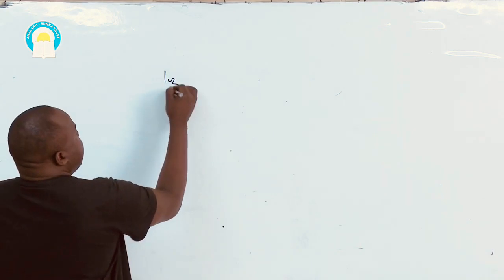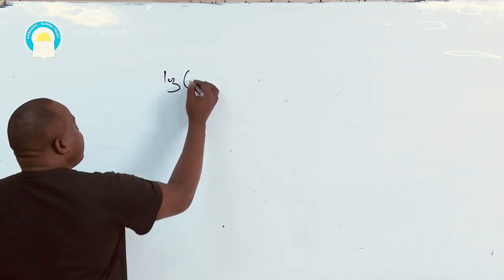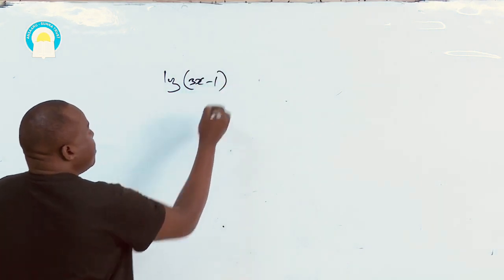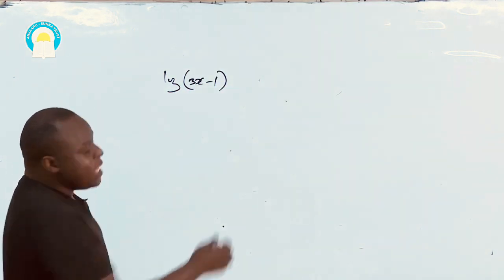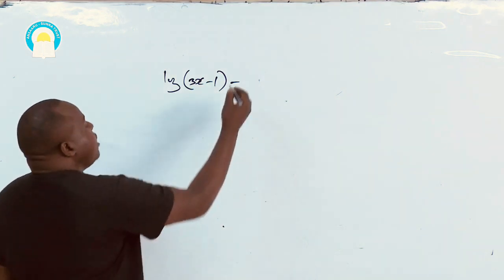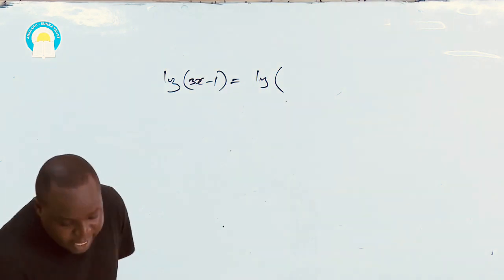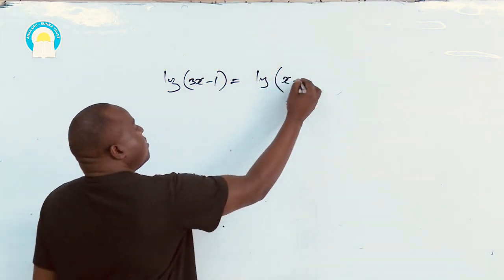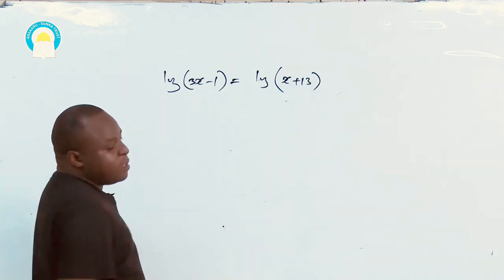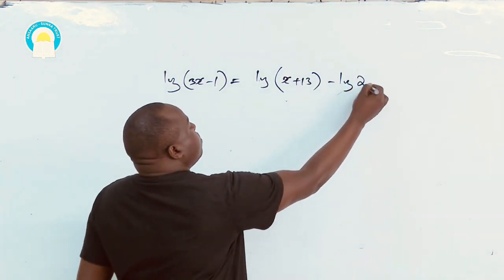For example, think about this. Given that log 3x minus 1 equals log x plus 13 minus log 2.